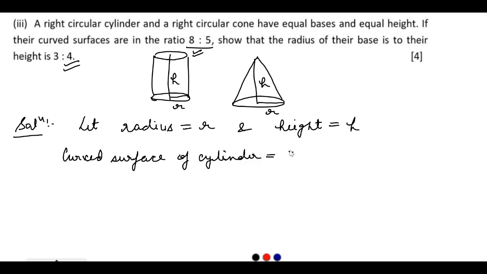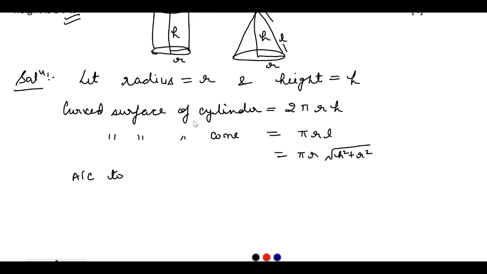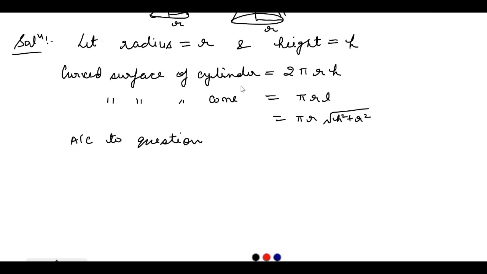Curved surface of the cylinder is equal to 2 pi RH and curved surface of the cone is equal to pi RL. And L is equal to under root h square plus r square. According to the question, curved surfaces are in the ratio 8:5.